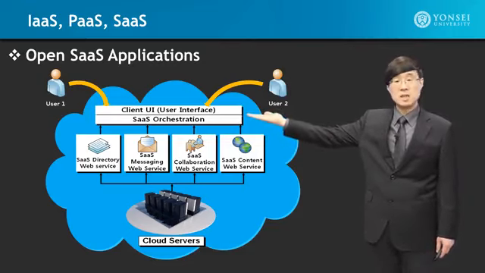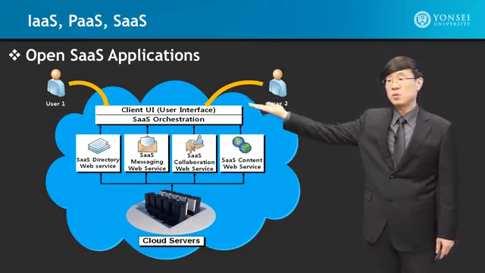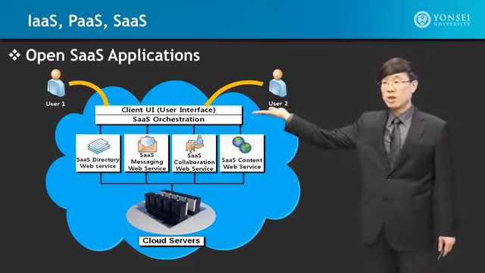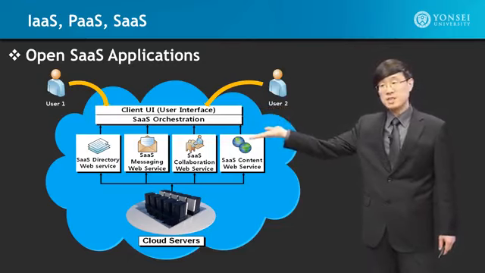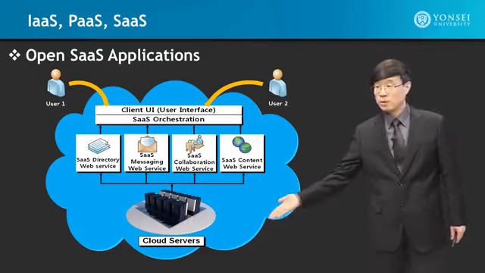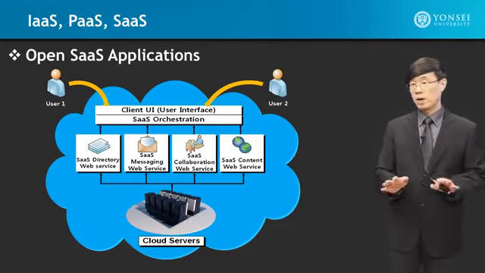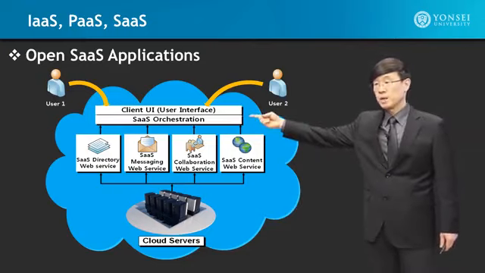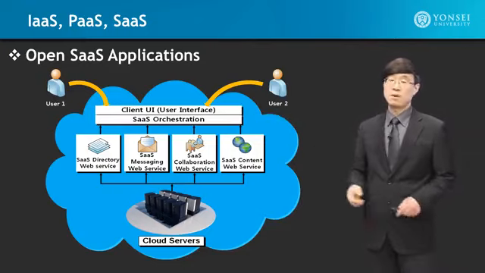This is what we see in the middle that is interfacing with the client user interface layer. This SaaS orchestration layer orchestrates the access of these core SaaS functions that interact with the cloud server. So when it comes to the importance of control units, definitely the orchestration is very important.